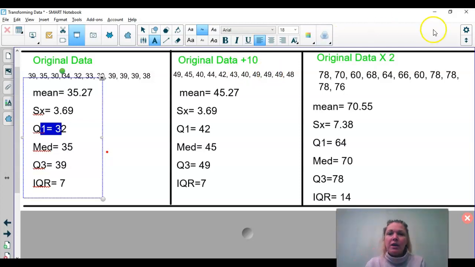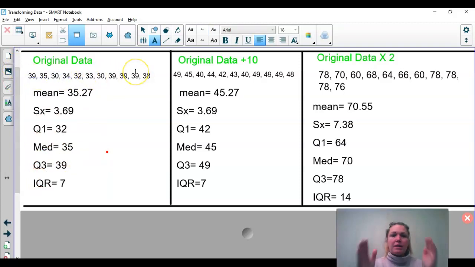What you need to learn is that when I transform my data by adding or subtracting, I'm changing everything but the spread. That's the standard deviation and the IQR. Think about it. My minimum is 30, my maximum is 39. I have data in between, and I just added 10 to that data. The spread between the numbers didn't change. That's why it stayed the same.